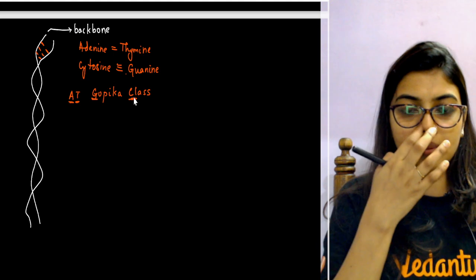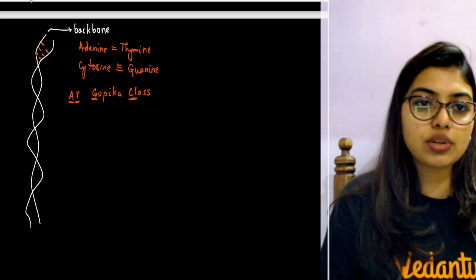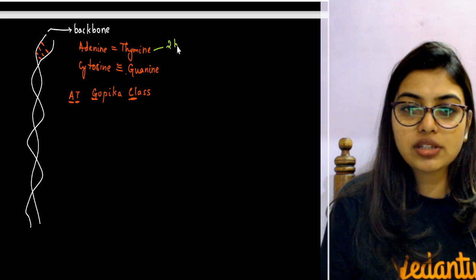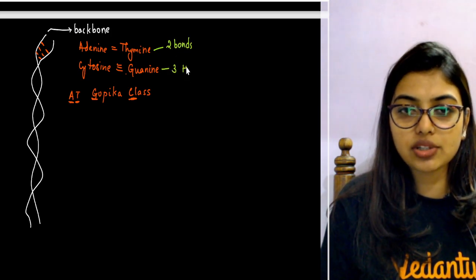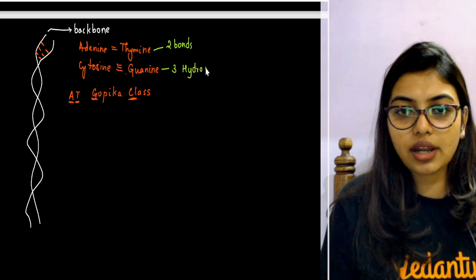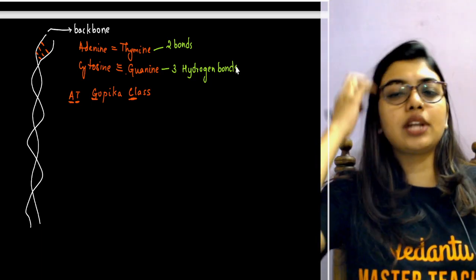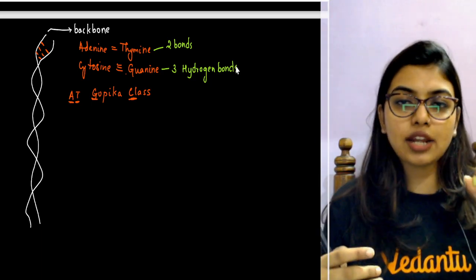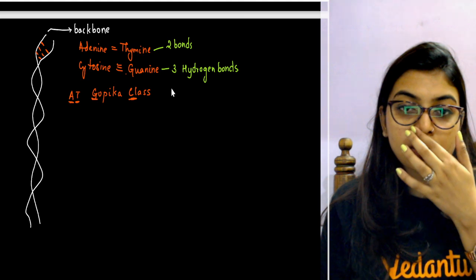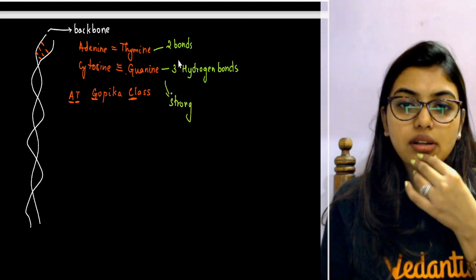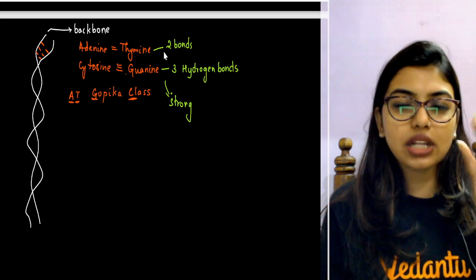Now, when I drew it, you would have noticed that I drew two hydrogen bonds here, and here I drew three hydrogen bonds. That is because cytosine and guanine are linked with each other with three hydrogen bonds, which is more strong. Here there are two hydrogen bonds, which is a little more weak.